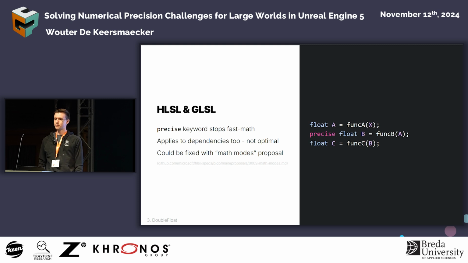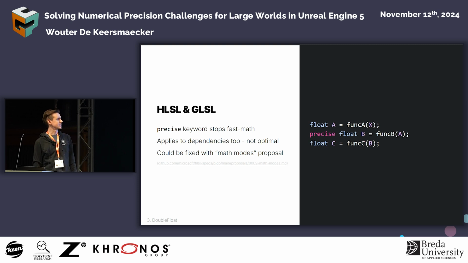So the precise modifier really spreads upward. So really, the calculation of func A, for example, will also not get optimized, which, well, it's technically correct, but it's too much. We might be missing out on potential optimizations here.